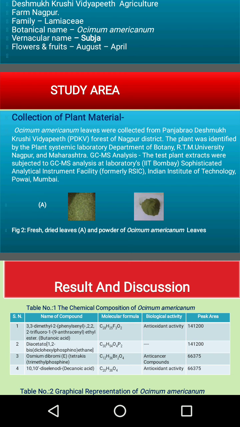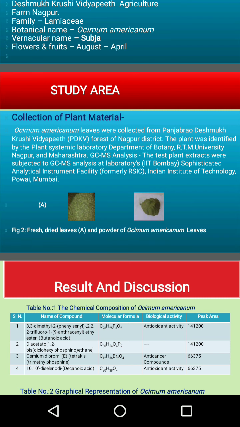I got the GCMS analysis result from the Indian Institute of Technology, Powai, that is IIT Bombay. Methodology: I collected fresh and dried leaves of Ocimum americanum and made a powder of the Ocimum americanum.